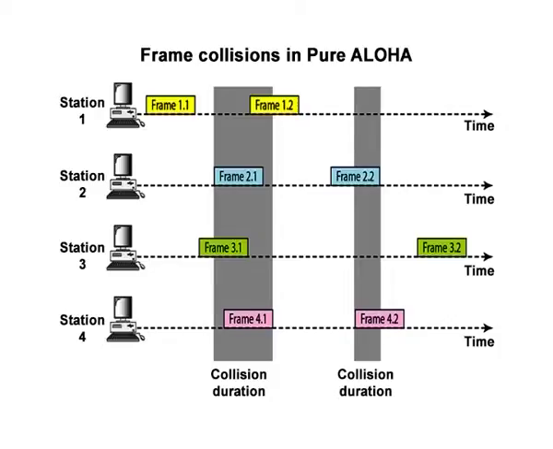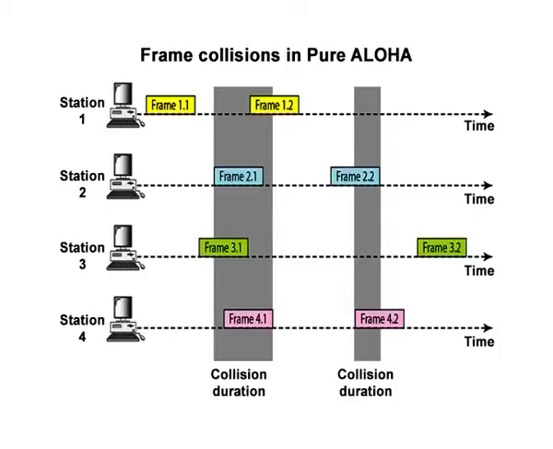The figure shows the frame collisions in pure Aloha. As you can see, when two frames are transmitted at the same time, there will be a collision and both will be garbled. If the first bit of a new frame overlaps with just the last bit of a frame almost finished, then both the frames will be completely destroyed and both will have to be retransmitted again after the timeout period.